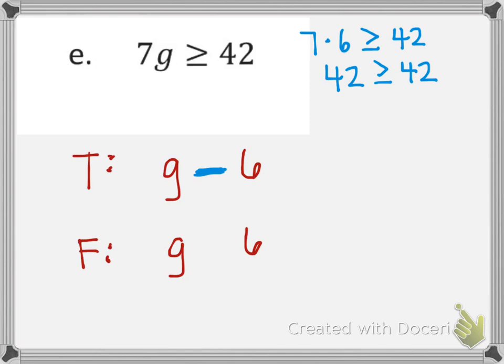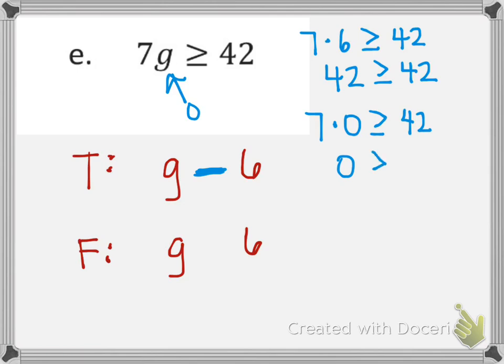So next, I need to check either bigger or smaller. Let's check smaller because 0 is small and it's easy to calculate with. So 0 is less than 6. I'm going to put a 0 in for g. So I get 7 times 0 is greater than or equal to 42. And we know that anything times 0 is 0.